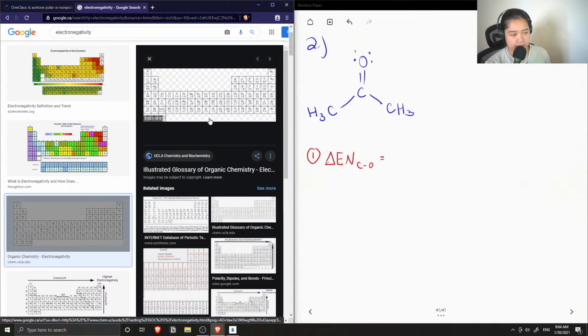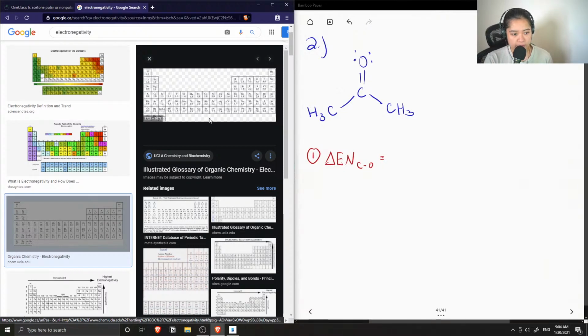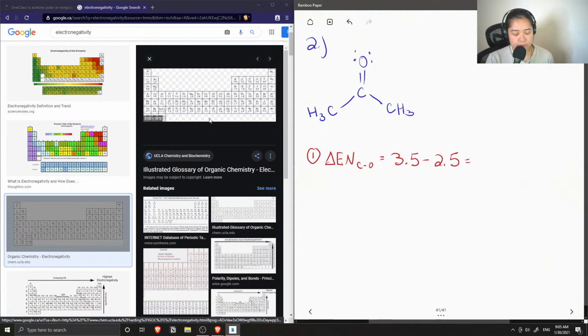Okay, so oxygen has an electronegativity of 3.5 and carbon has an electronegativity of 2.5. So the difference between the two is 1. So therefore this bond is polar, and we know that because the electronegativity difference is greater than 0.4, but it's less than 1.69.